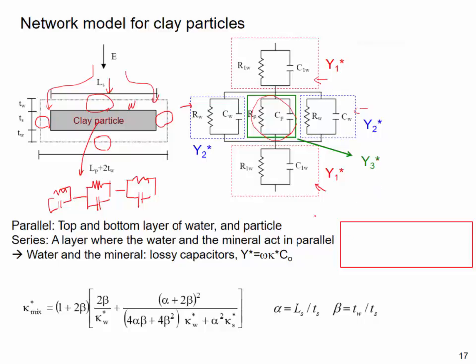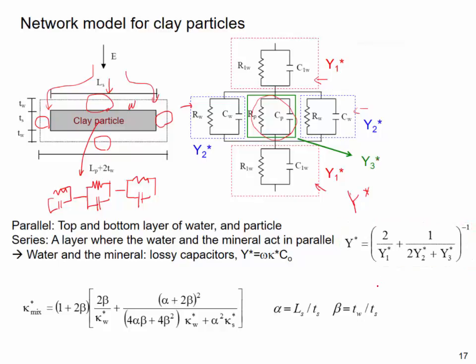Then the equivalent total admittance Y star will be this one. And you plug in the R1W, C1W, and RWCW, and RP and CP, right? So P represents the particle, to this equation.